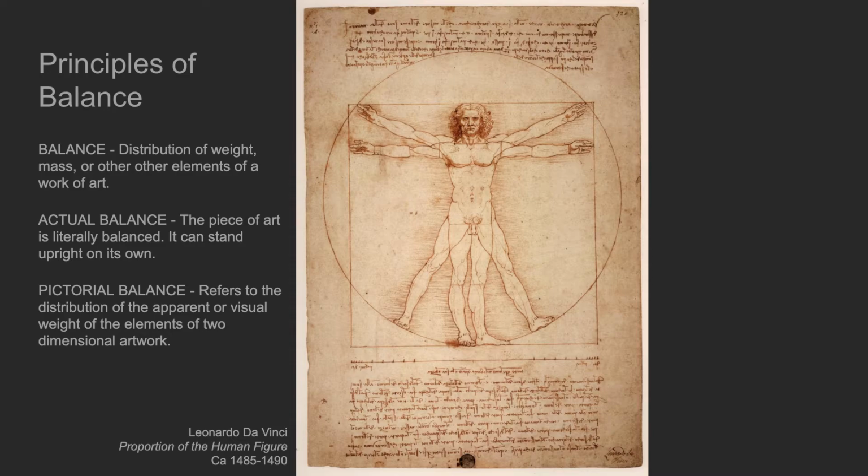Principles of balance. Balance, the distribution of weight, mass, or other elements of a work of art. Actual balance. The piece of art is literally balanced. It can stand upright on its own. Pictorial balance refers to the distribution of the apparent or visual weight of elements of two-dimensional artworks.